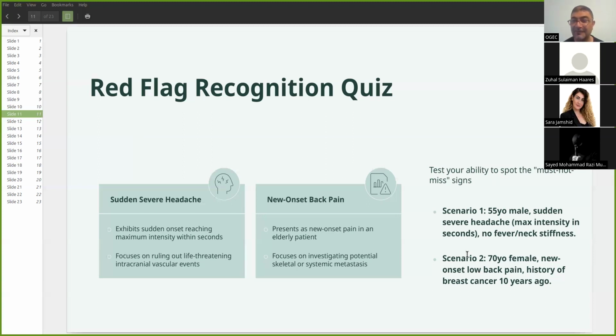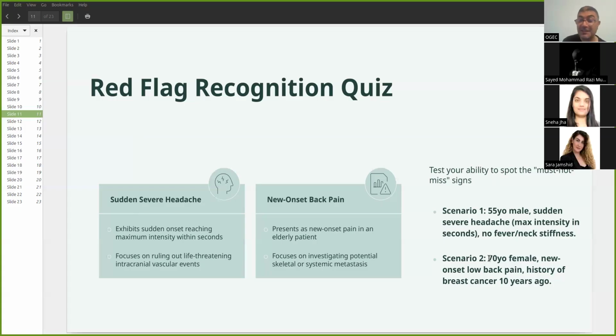The age of the patient. Yes, the patient's age is a red flag. It's an advanced age. Okay. New onset and history of breast cancer. We have 3 red flags in this scenario.